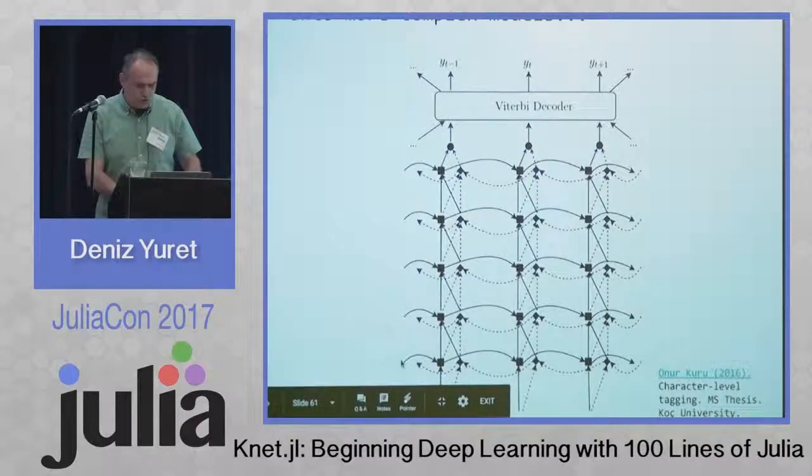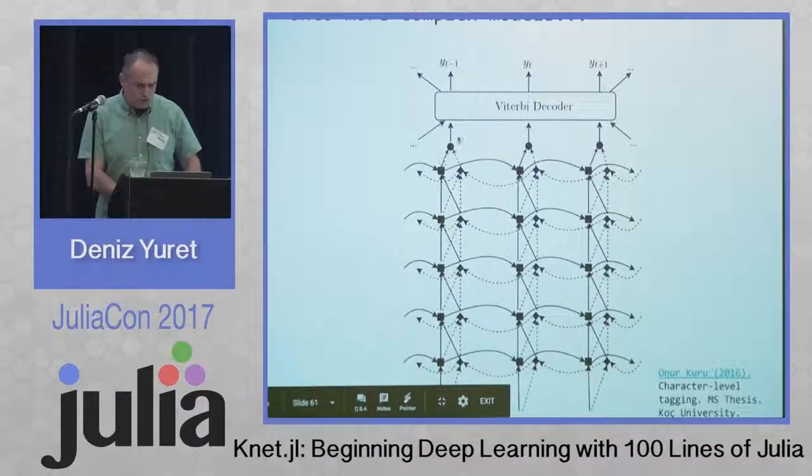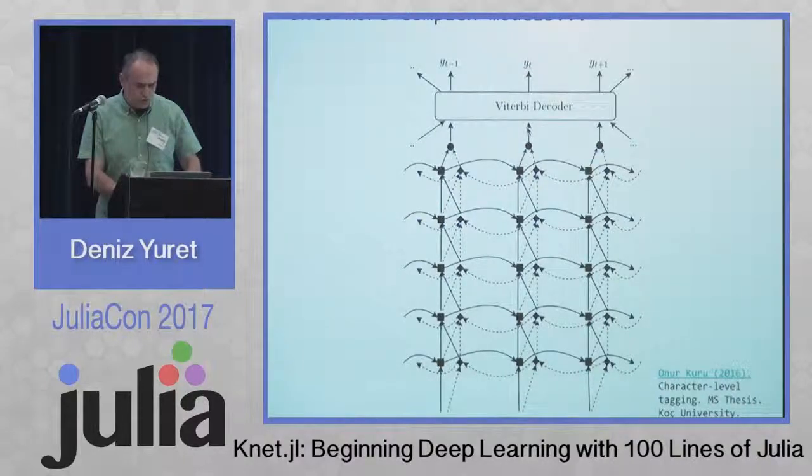These LSTMs are traversed forward, one character at a time, just like Mike's talk, and then backward, one character at a time, and their outputs are fed to another layer of LSTM, which also goes forward and backward, and this happens 5 times, and the outputs are given to a decoder, which is also a non-trivial algorithm. And this model was used, for example, to tag named entities at state-of-the-art accuracy.